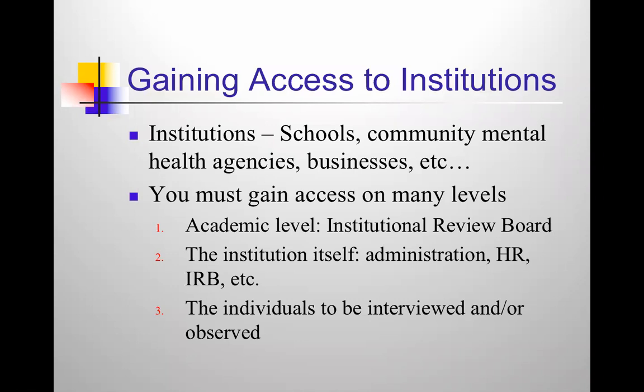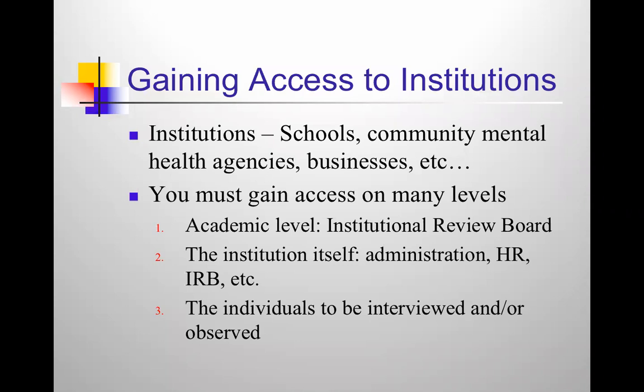And then you go to the institution. If you wanted to enter some kind of big conglomerate business or institution or university, you have to go through the administration. You might have to enter at their IRB if they have one, or go straight to the administration route, the vice president, or whoever might be that contact person, possibly HR.